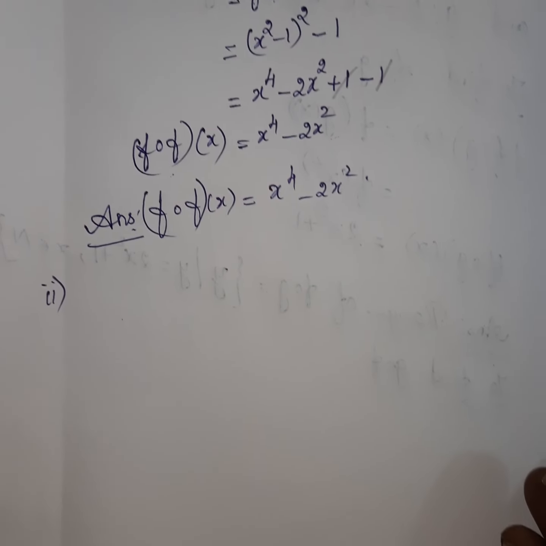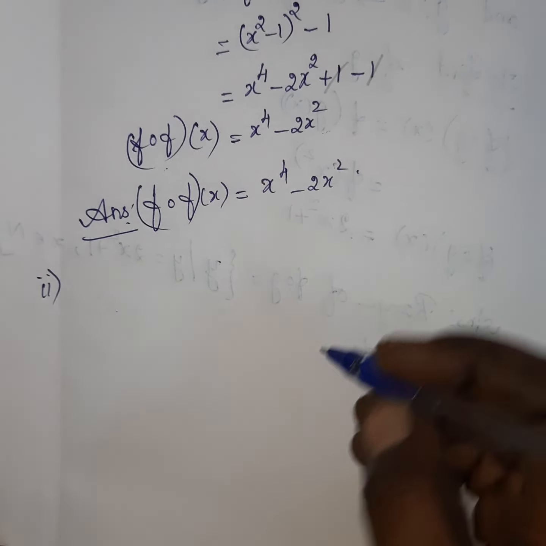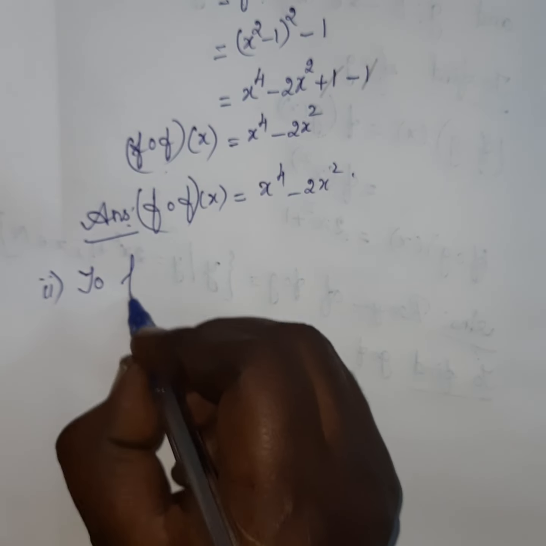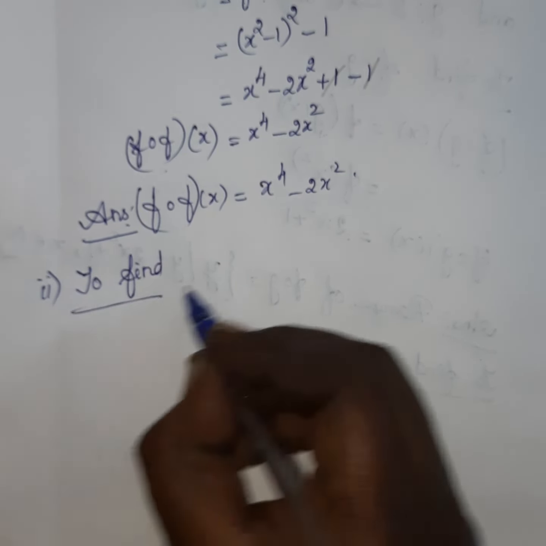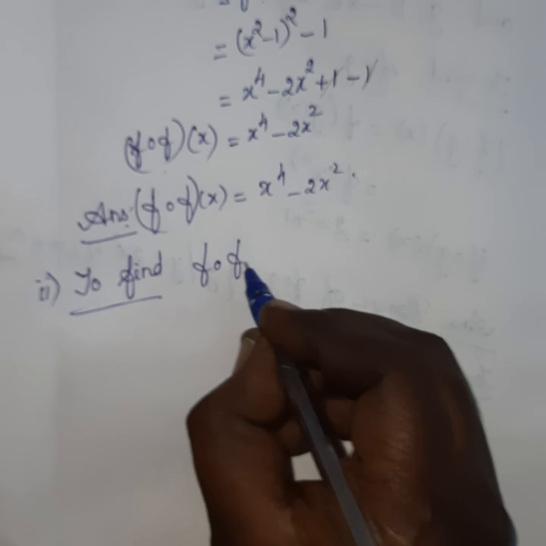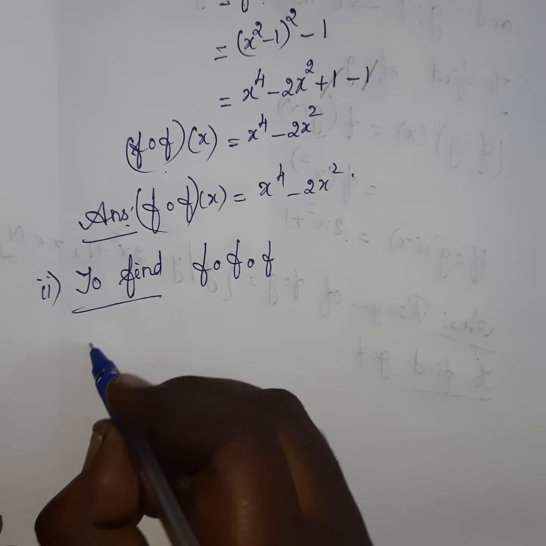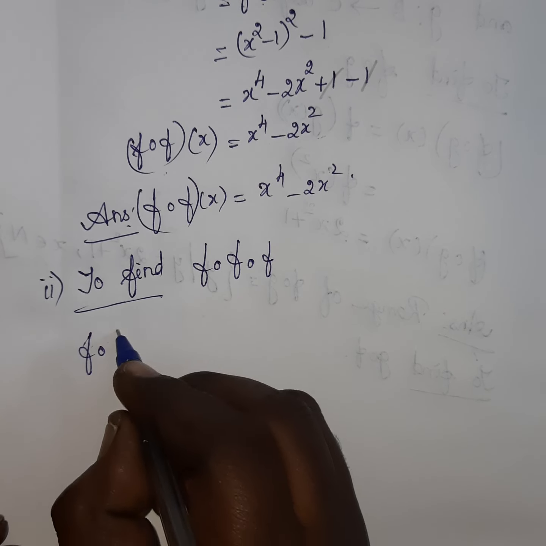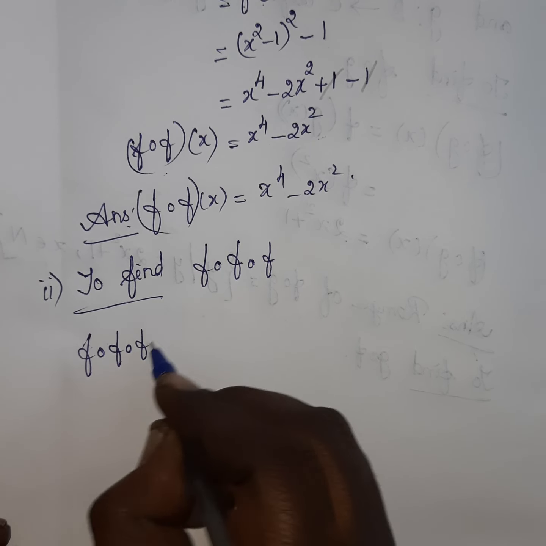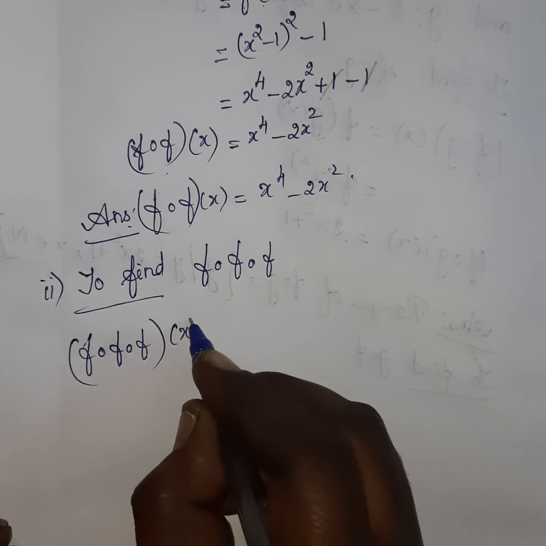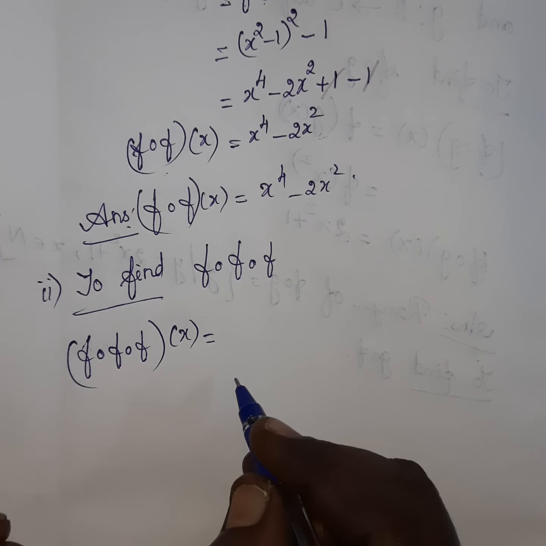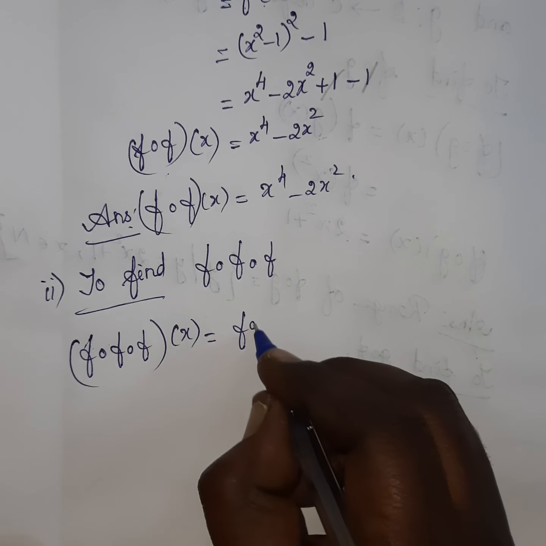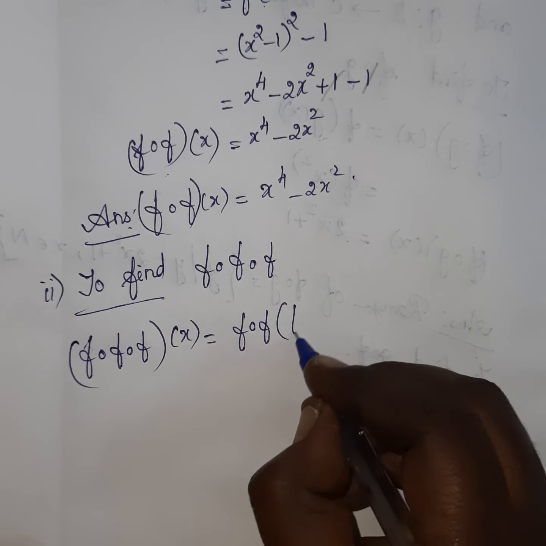There we have 2 steps. First we have to complete the inner one. So to find f composite f composite f, we need to find out f composite f composite f of x. Our variable is x. So we have to write like this, which is equal to f composite f of x.